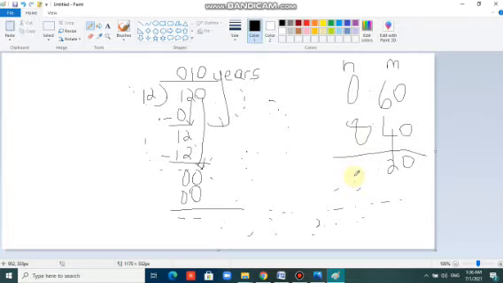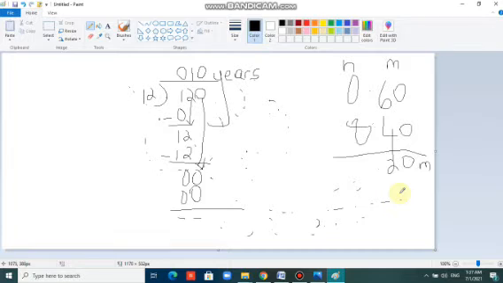We're not touching the hour section, because they ask for minutes. They say how many minutes remain, so it is 20 minutes remain for 9 o'clock.